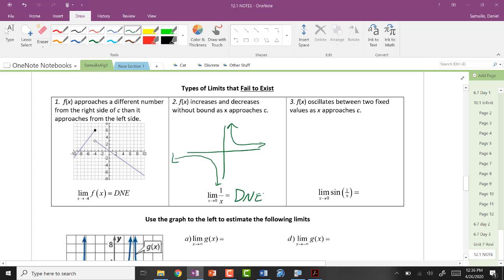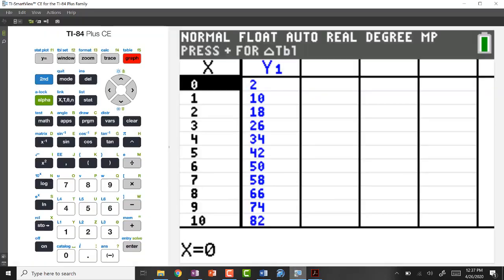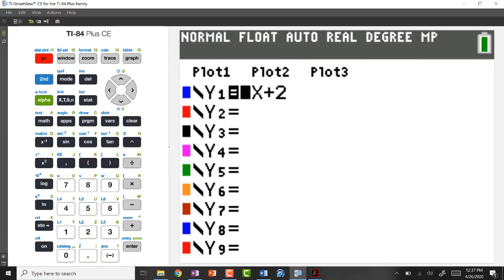And lastly, if f of x oscillates between two fixed values as x approaches c, the example would be the limit of sine of 1 over x as x approaches 0. You could take a look at the calculator. I'm not going to be able to draw it justice. So we've got sine of 1 over x.